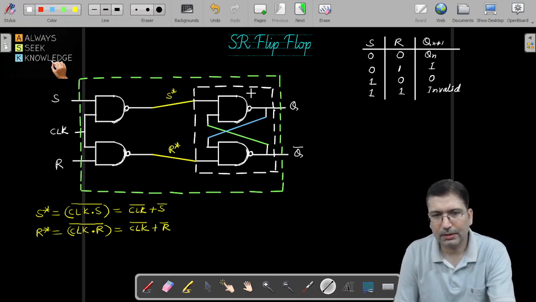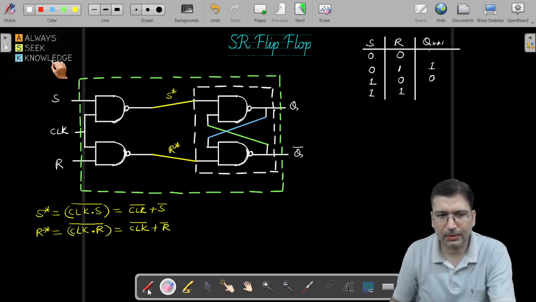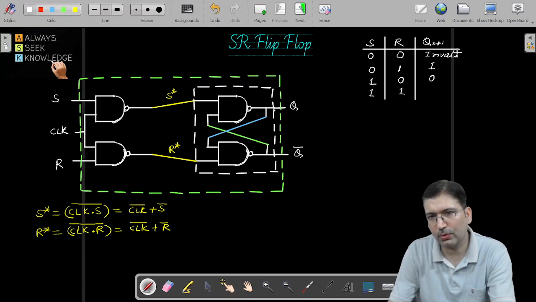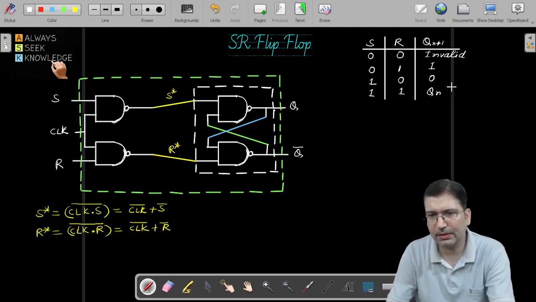In that case, okay, so this is invalid actually. In case of when we are using NAND gate, this is invalid, because both Q and Q bar will give us value as 1. So this is invalid in case of NAND latch. And the 1 1 case will give us the previously generated state, so it will act as the memory element, or it will preserve the previously generated state.